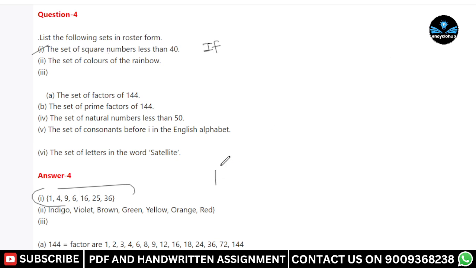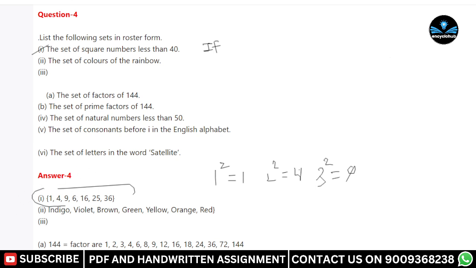The squares of the numbers, means that 1 square, which is 1, 2 square, which is 4, 3 square, which is 9, and again similarly 4 square, 5 square and 6 square and so on.